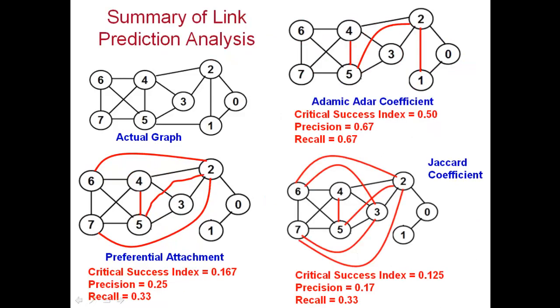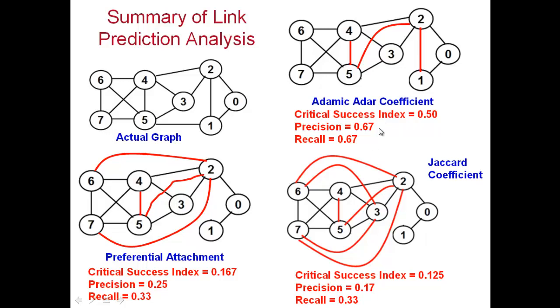So if you put together a summary of all the link prediction analysis we just went through with the 3 techniques and the performance metric values, you see here the Adamic-Adar coefficient based approach gives you the largest critical success index: 0.16, 0.5, 0.125. So 0.5 is the largest. Precision again: 0.67, 0.25, 0.17.